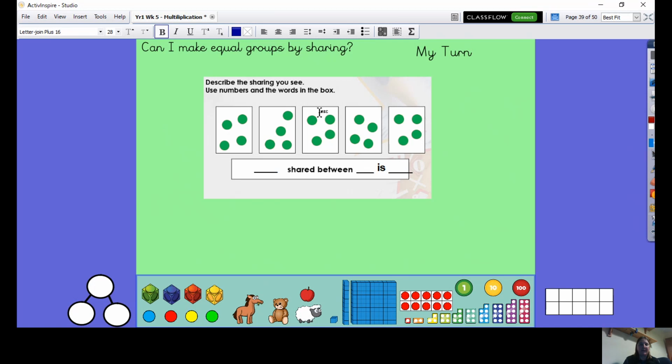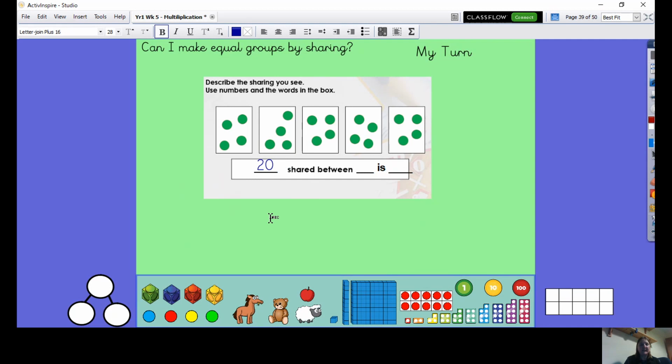I need to work out how many counters I've got all together. That will give me that first number. So I'm going to go 1, 2, 3, 4, 5, 6, 7, 8, 9, 10, 11, 12, 13, 14, 15, 16, 17, 18, 19, 20. So I know that first number is 20.